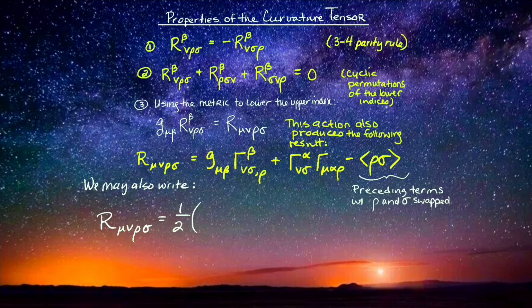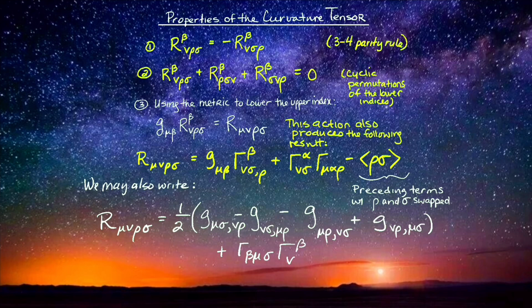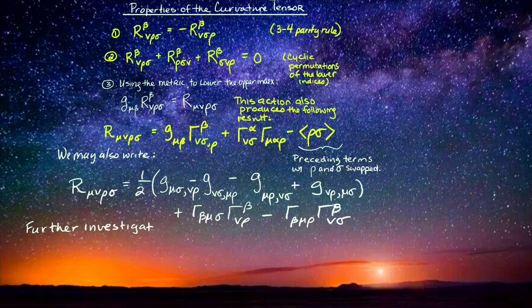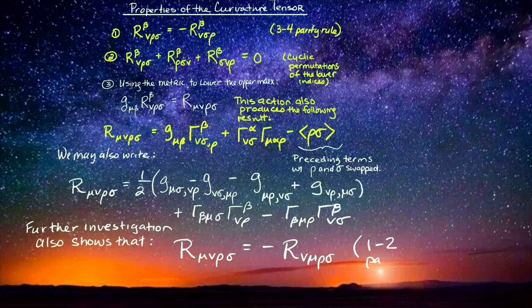So we may also write this expression solely in terms of derivatives of the metric tensor, plus some terms in terms of Christoffel symbols of both the first and second kind. Further investigation of these expressions shows us that there is also a 1-2 parity law.